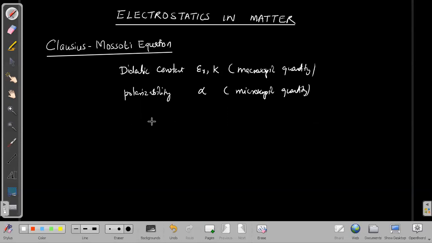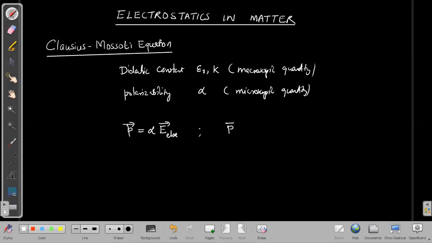Now, the basic two things we have to remember are the definition of dipole moment as well as the definition of polarization. The dipole moment, or induced dipole moment, we usually identify as P equal to alpha times E, where E is the external electric field, which we can represent as E applied. Here alpha represents the polarizability and P represents the induced dipole moment.